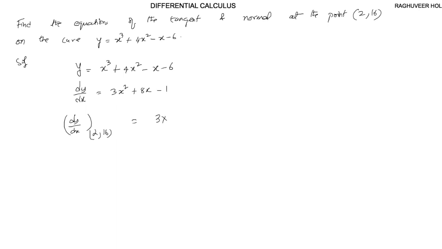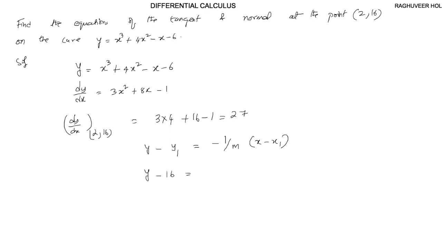Now the slope of the tangent at 2, 16 will be 3 multiplied by 4 plus 16 minus 1, which gives 27. The equation of the tangent: the formula is y minus y1 is equal to m times x minus x1.